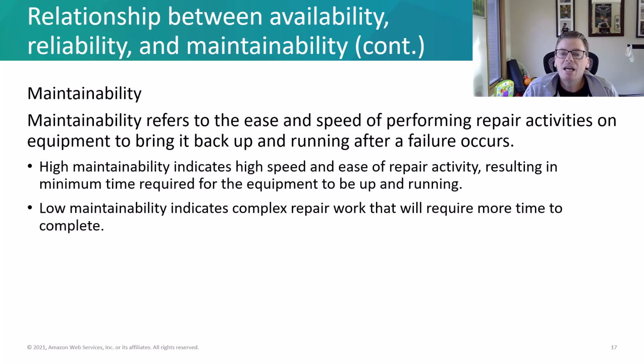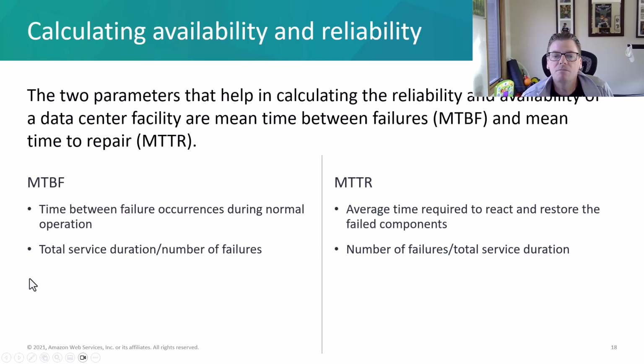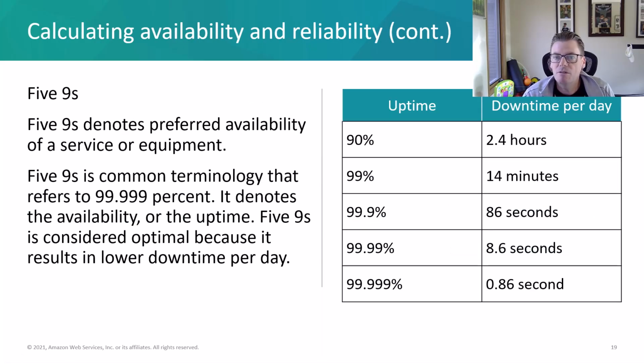So high maintainability means that you can get in there quickly and fix things, which is going to minimize the downtime. A low maintainability score means that repair work is going to be a lot more complex. It's going to take more time and maybe more skill for the repair person to go in and fix it. And again, we're going to think about things like mean time between failures and mean time to repair when we take a look at the speed and accuracy in doing that relationship of availability.